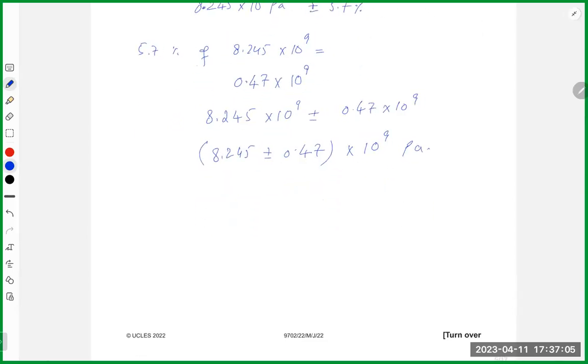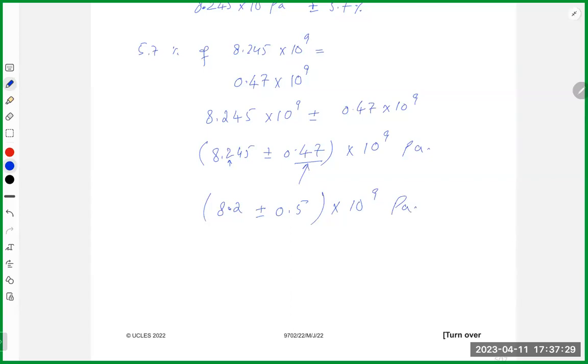Now, here's the thing. We have to round off this figure to one significant figure. So it will become 0.5. And this will control the number of significant figures in the final answer. So it will be 8.2 plus minus 0.5 whole into 10 to the power 9 Pascal.